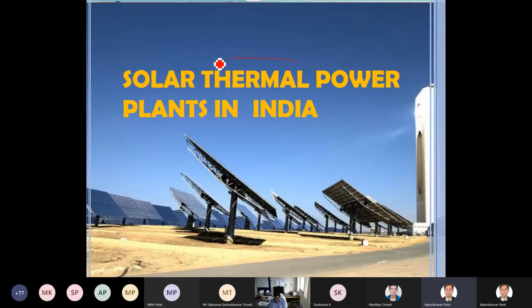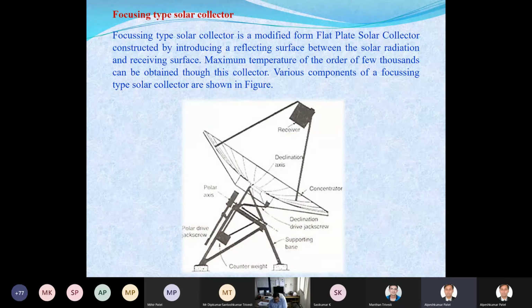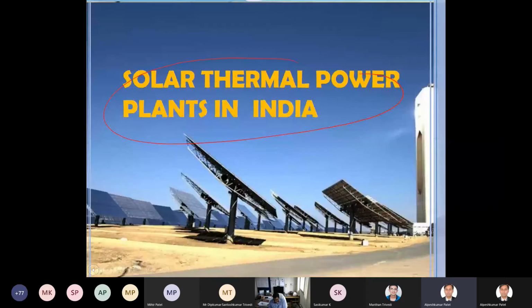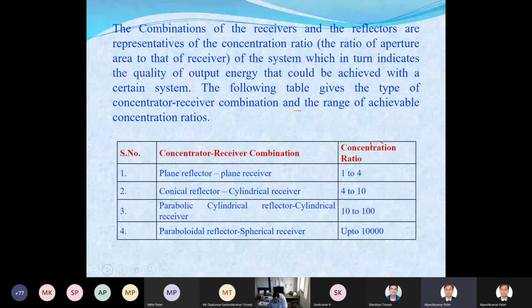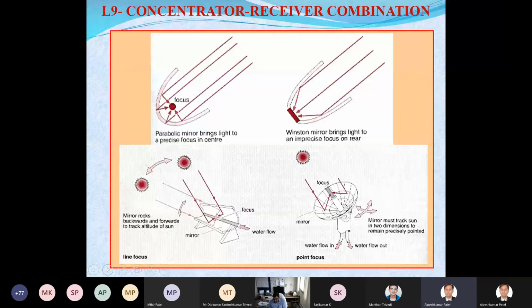Now, again, this is solar thermal power, where you need the solar concentrator. As I already told you, this combination is different. Depending upon the temperature, I have discussed this already, but I'm going to show you here. With this type of combination, the plane concentrator, the CR value will be up to 4.